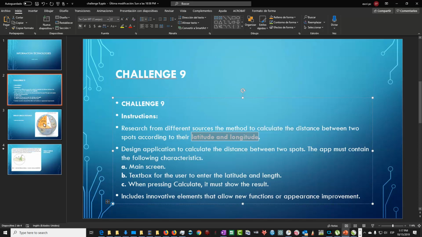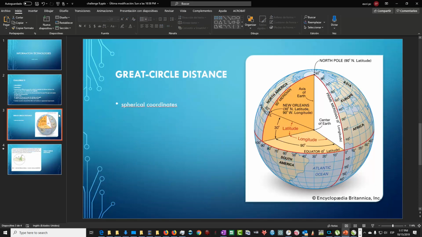To understand this, we first of all need to consider the Earth planet as a sphere. We know that it is not a sphere. It has a specific shape, but this specific shape is going to make the calculations for the location of two spots more difficult. So to make it easy, we are going to consider that the Earth planet is a sphere.